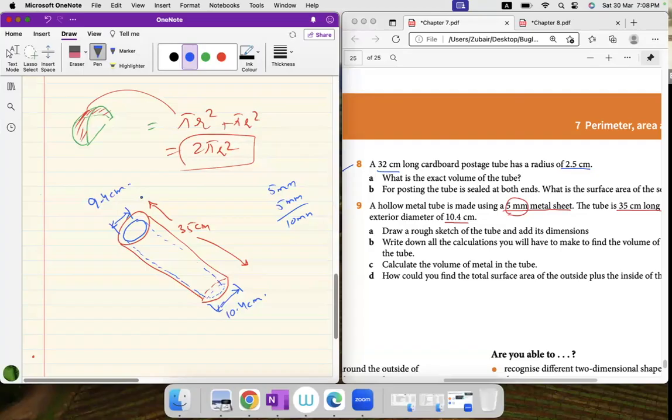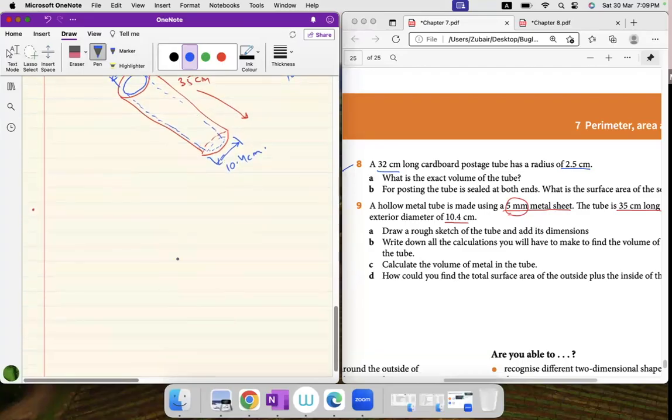Wait, why are we adding the 5 millimeters? Because it is the thickness of the sheet. Just consider a water pipe, which we'll use to water the plants. The pipe has a thickness. One is the external diameter, one is the internal diameter. The external diameter of the pipe right here is already 10.4.